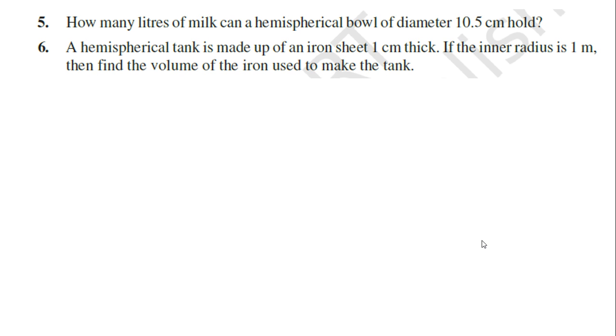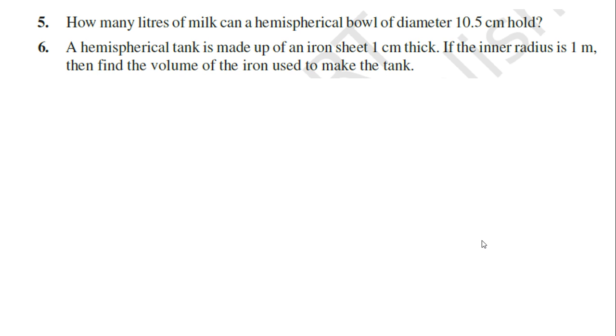Now see, the fifth question here. How many liters of milk can a hemispherical bowl of diameter 10.5 centimeter hold? I will not solve this question. You have to solve it because it is so easy and we have solved so many questions of this kind. Here the diameter is given, so you can easily find the radius from the diameter by dividing by 2, and from the radius you can easily find the volume.